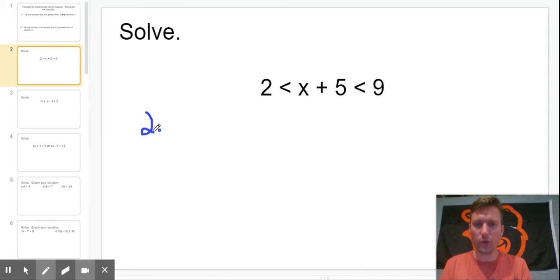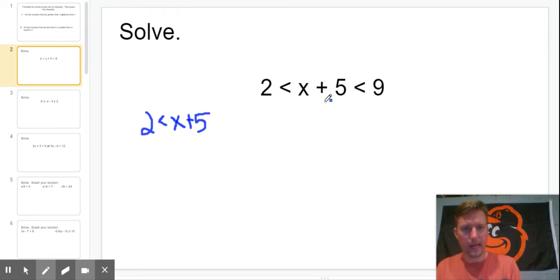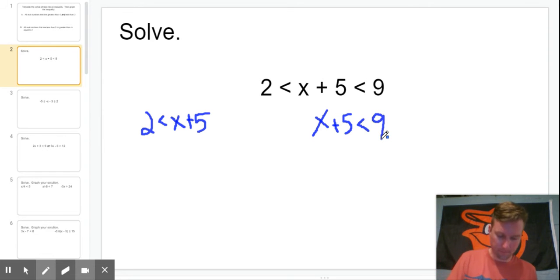So I would have 2 is less than x plus 5. That would be my first one. And it would be x plus 5 is less than 9.